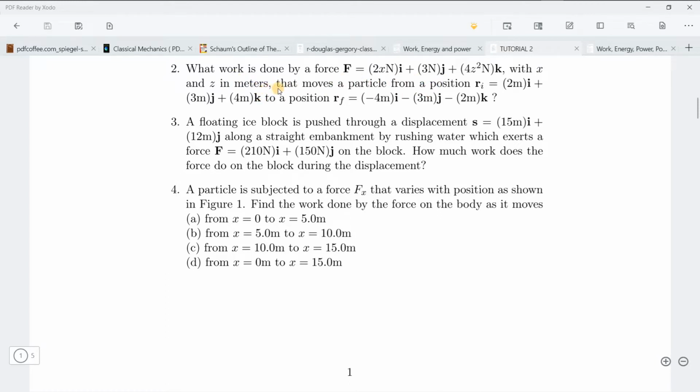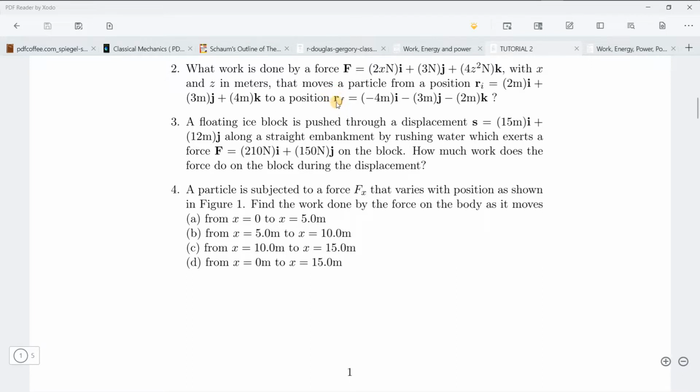Now this particle moves from a position Ri, which is the initial position: Ri equals 2 meters in the I plus 3 meters in the J plus 4 meters in the K, to a position Rf, meaning R final.